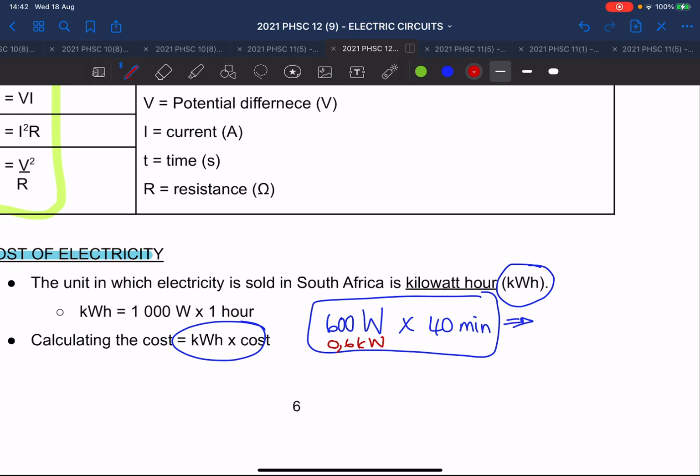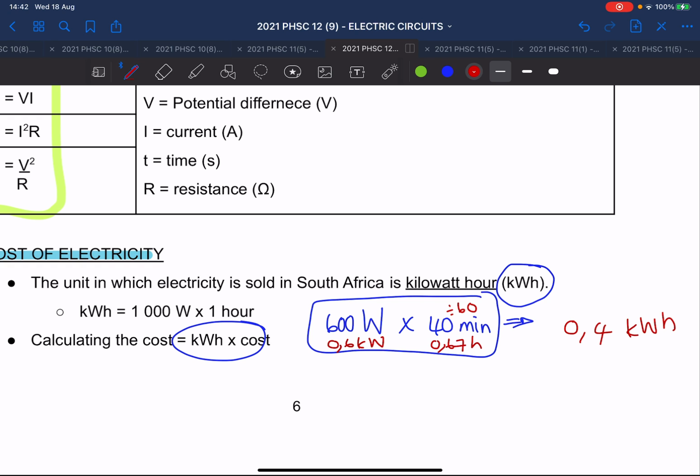So 40 minutes divided by 60 will give you hours, and that is what? 4 divided by 6, that is 0.67 hours. So if I want to get the kilowatt hour, I must multiply 0.67 by 0.6, and you get 0.4 kilowatt hour. So that is how many units.